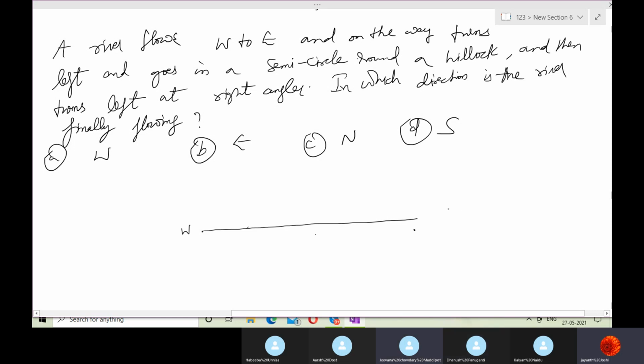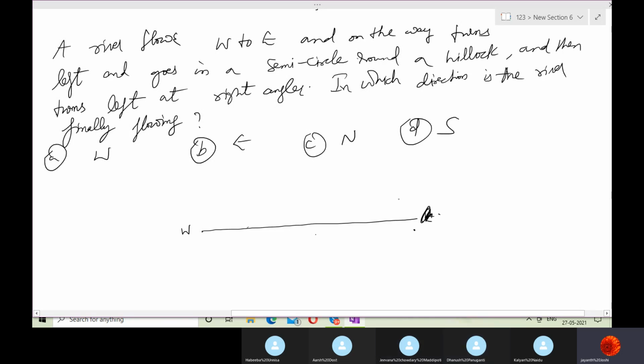This is the west side, east side. And on the way, it turns left. So what is happening? It is turning left. This is the east side. River is flowing from west direction to east direction, and on the way it turns left.